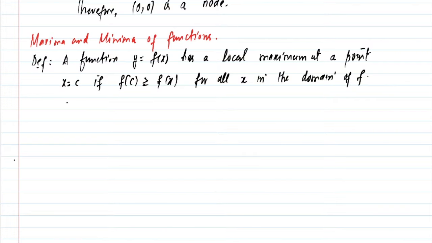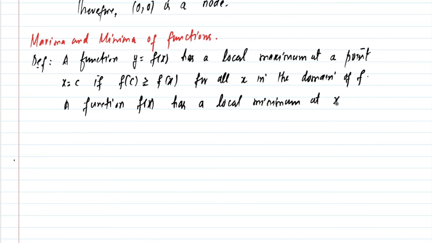And on similar lines, we can say a function f of x has a local minimum at x equal to c if f of c is less than or equal to f of x for all x in the domain of f.